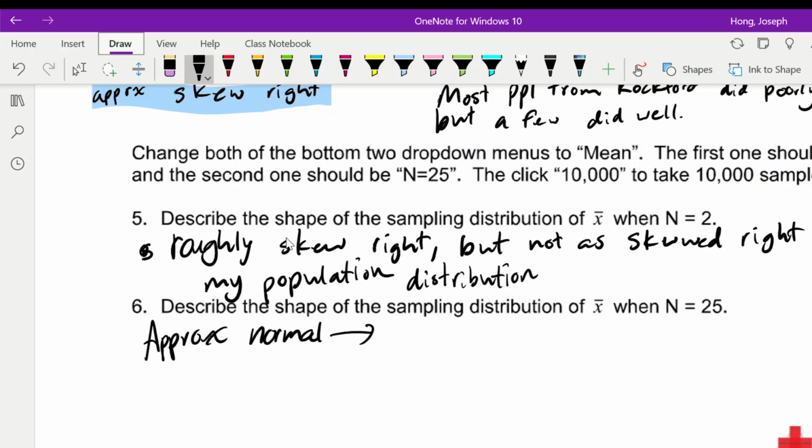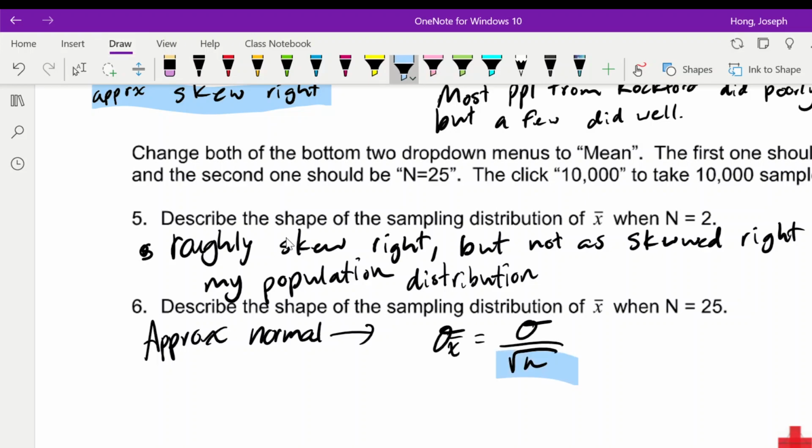The reason is that the greater your sample size, the more normal it's going to become, because your standard deviation is going to be less, because of our standard deviation equation, which is, of course, the standard deviation of x bar is equal to the standard deviation of the population divided by the square root of n.